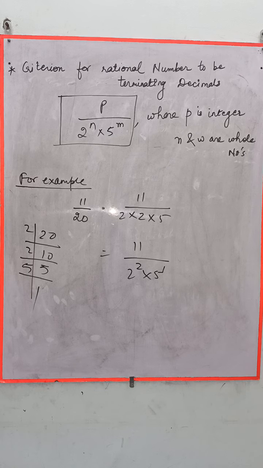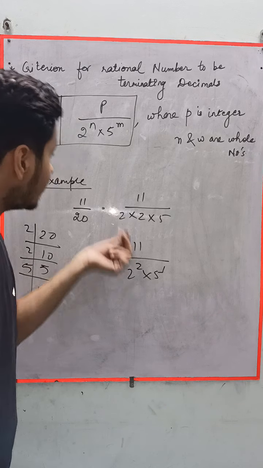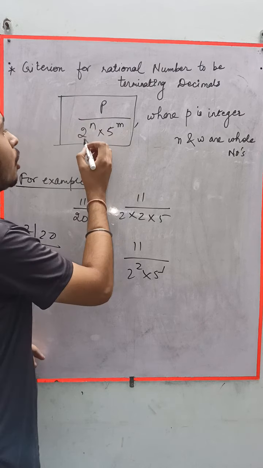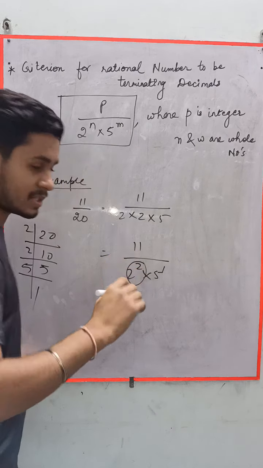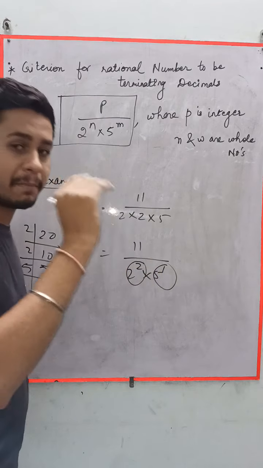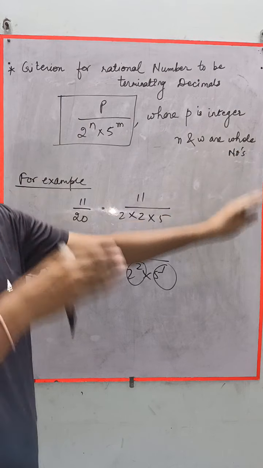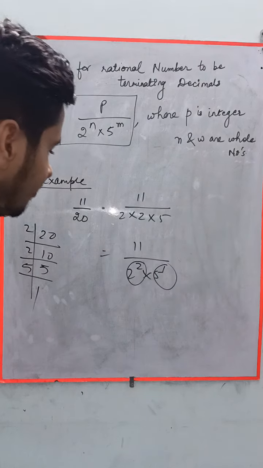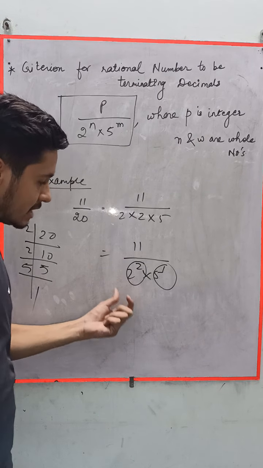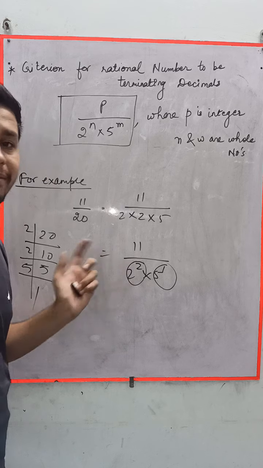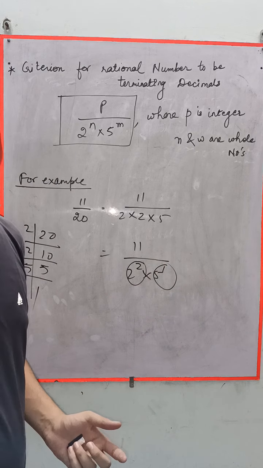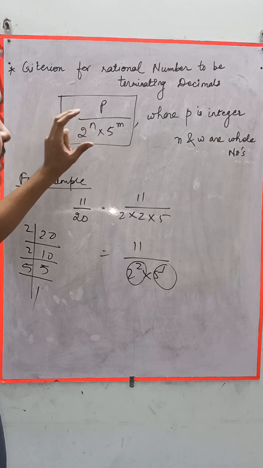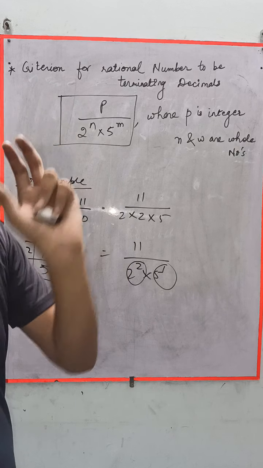Now here n is equal to 2 and m is equal to 1. It doesn't matter; as long as we get 2 to the power some power and 5 to the power some power, it should be a whole number starting from 0. It should not be negative, so 0 to infinity, anything it can be. Then we can say that it is a terminating decimal.